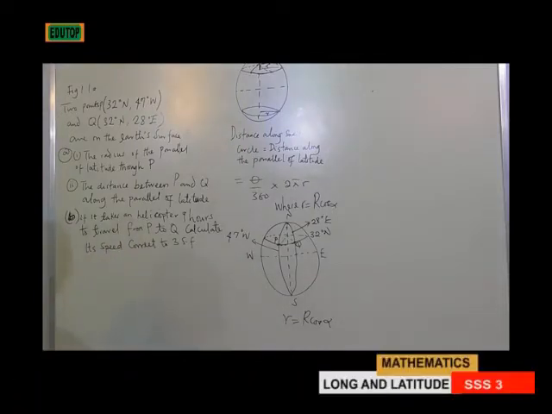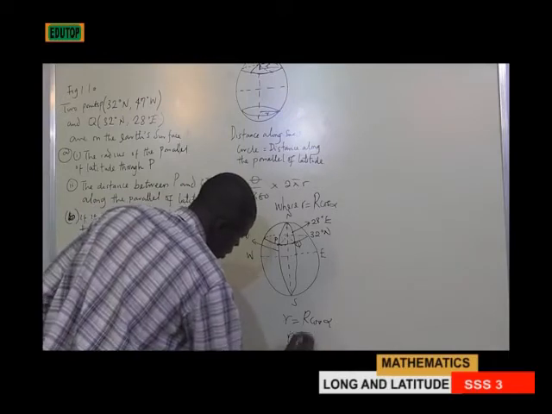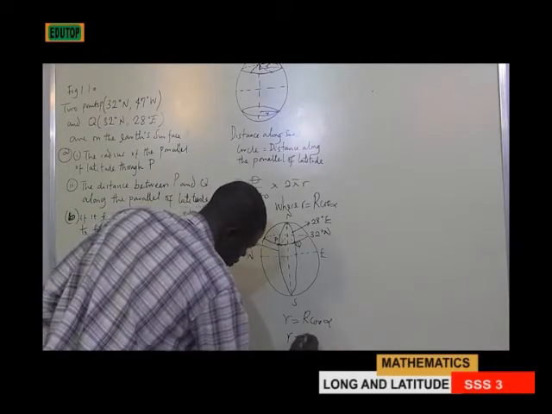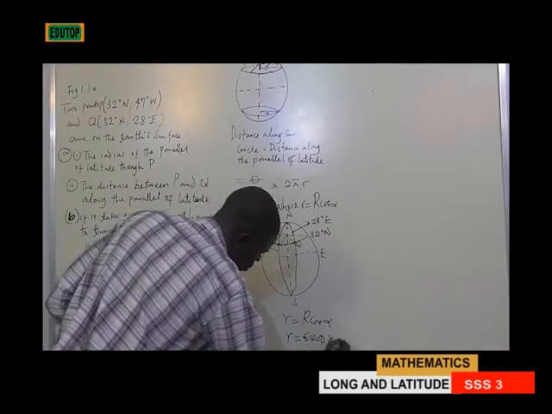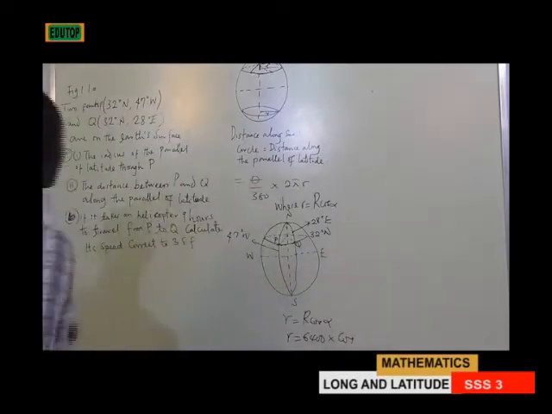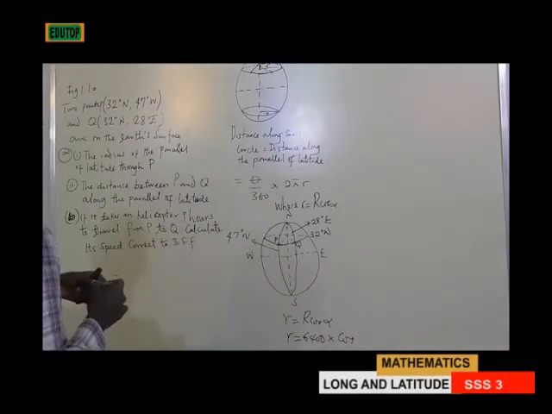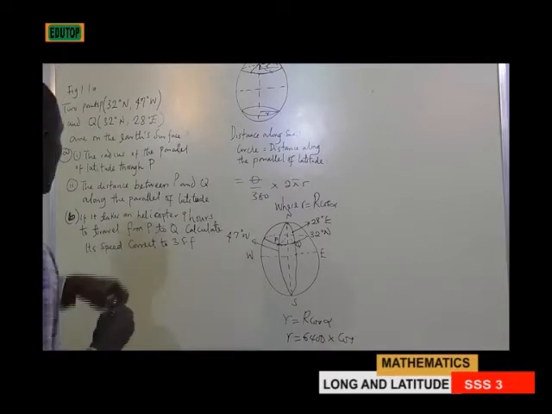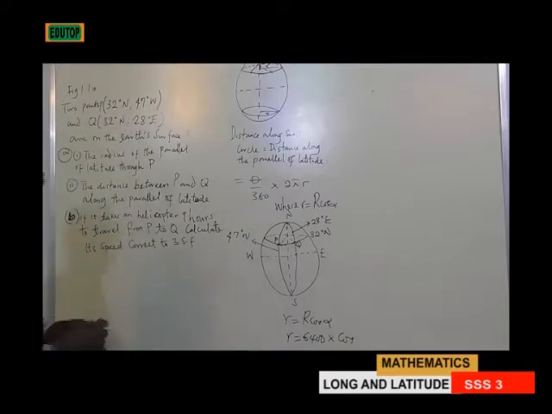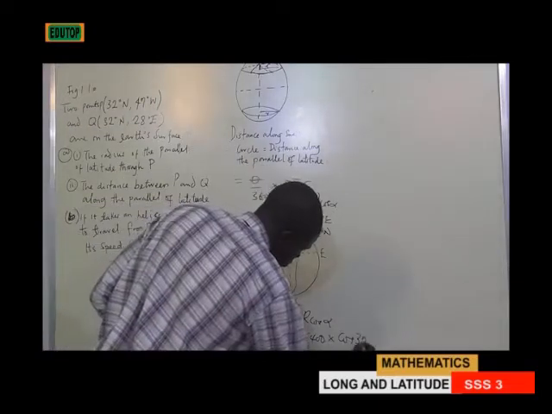Then here, what is our latitude? 32 degree north. So automatically we have R, this R is a constant, so it's 6,400 kilometers times cos lat. We know our latitude is usually north and south direction, and here we have north direction. So our latitude here is 32 degrees.